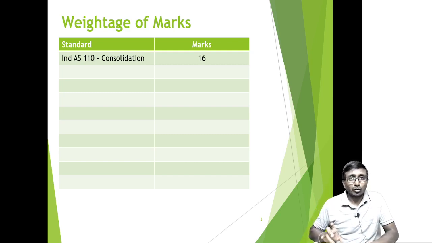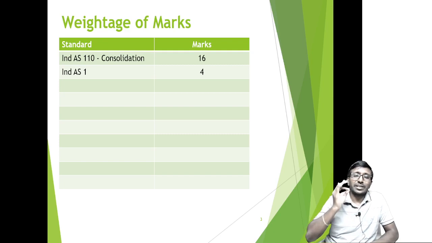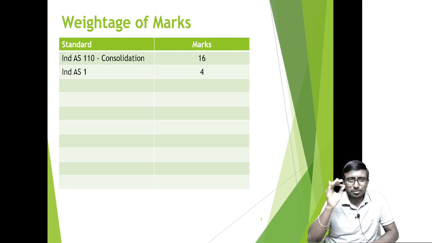And when you go to the first question, part B, this is for 4 marks, and it is from Ind AS 1. The Ind AS 1 related question is basically to test whether the student knows the current and non-current definitions correctly or not. That's all. Most of the questions have come from the current definition.